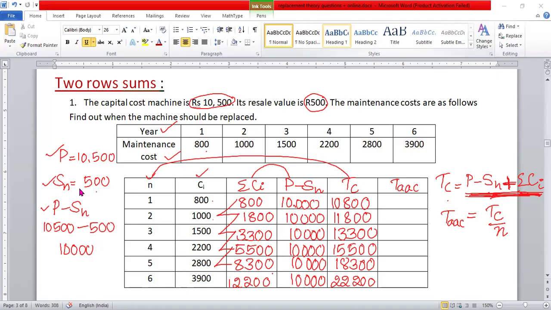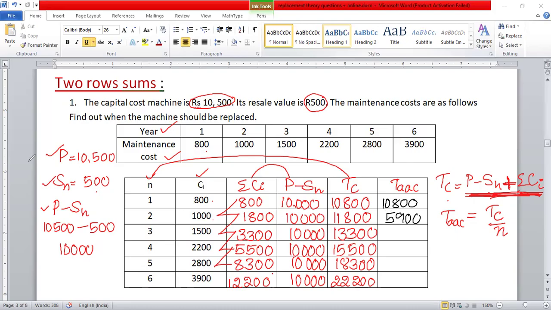Now we are going to do it. So 10,800 divided by 1, so 10,800. Second one, 11,800 divided by 2. So 5,900.